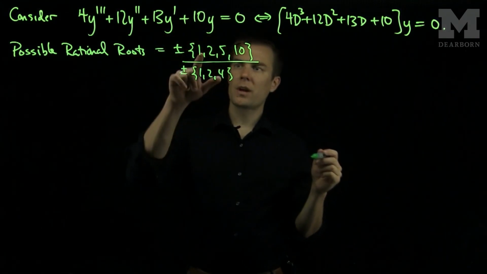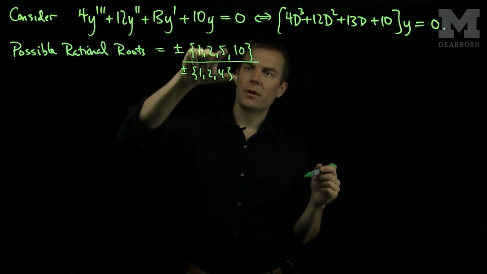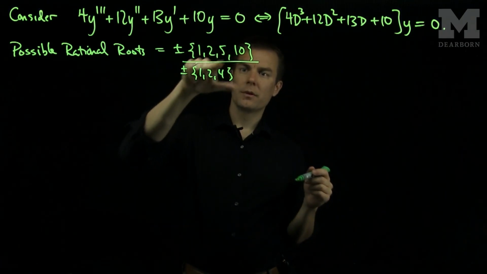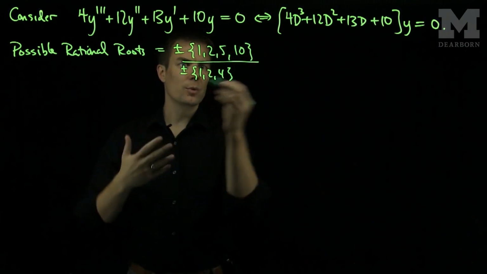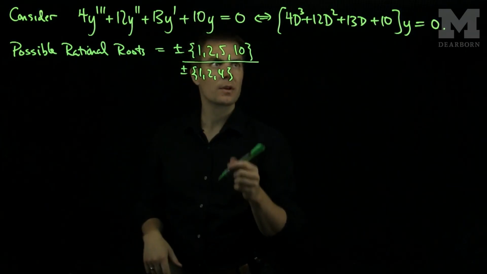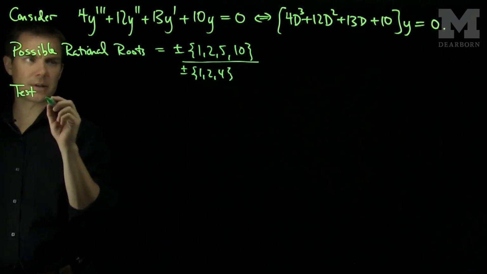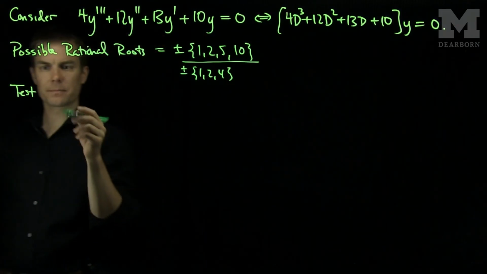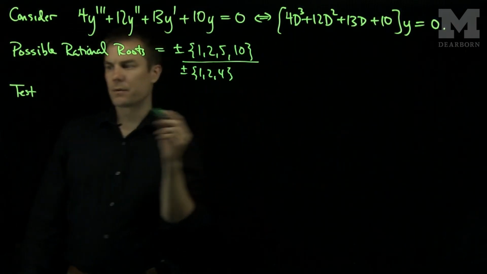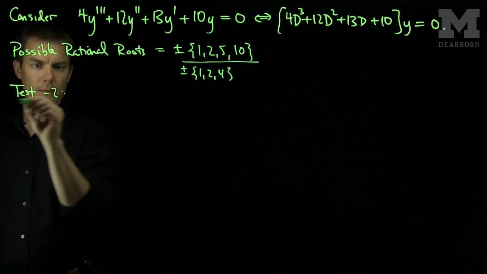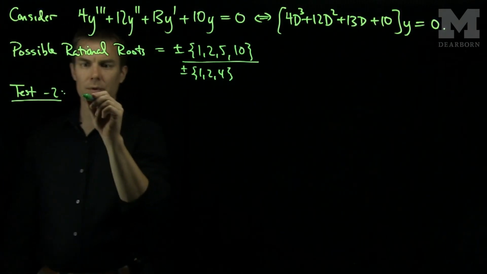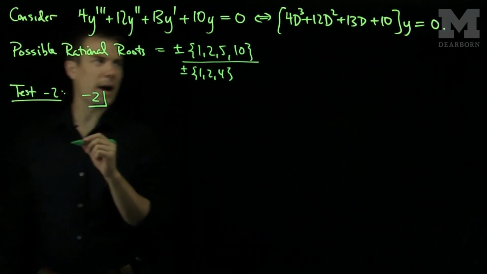So for example, we could have 1/4, 5/4, or 5 as a possible rational root. We have all these possible rational roots to test. After some initial experimentation, we find that testing 2 or -2 will be helpful. So if we test -2, we'll put the -2 in the box.